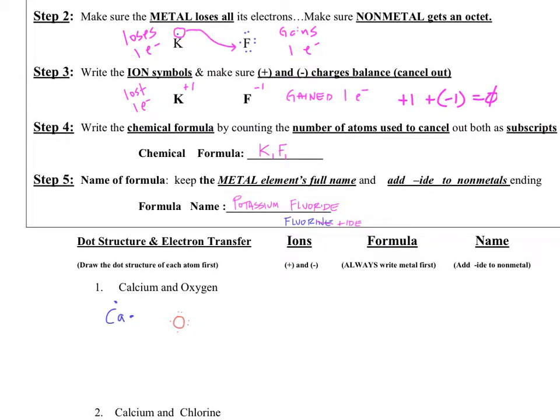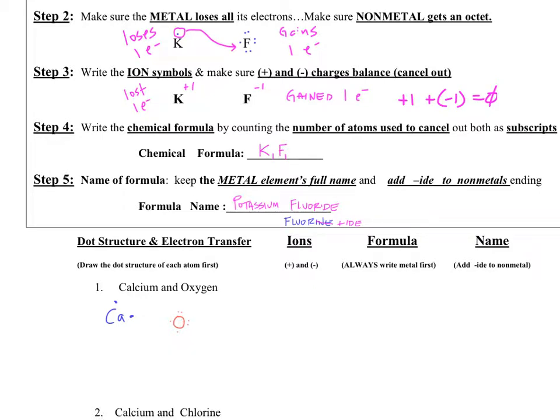So if you look, oxygen has a pair of electrons here, a pair of electrons here, but here this is unpaired, meaning there's an open space, and here there's an open space as well. So conveniently, calcium has 2 electrons, one to fill this empty space, one to fill this empty space.